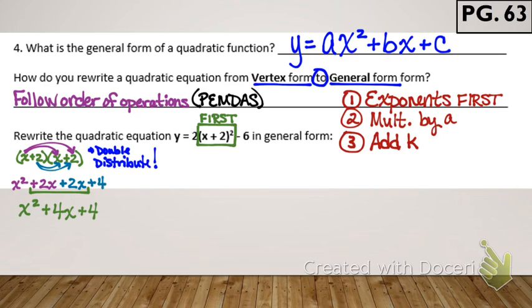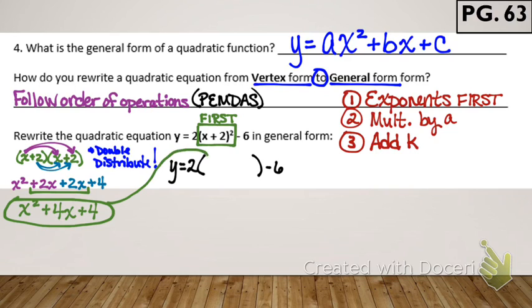All right, let's talk about where that goes now. That was just my first step, my exponent step. If I rewrite my original equation, but leaving out the piece that I was working on, all of this right here is what goes in my parentheses.